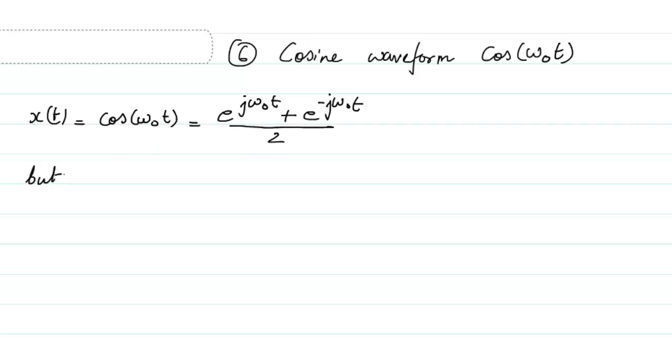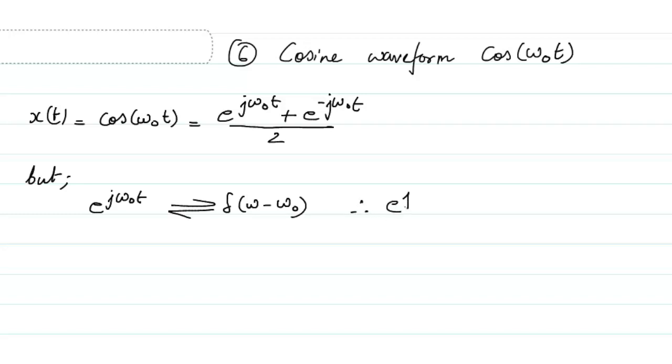But we already know that e raised to power j omega naught t has the Fourier transform delta omega minus omega naught.